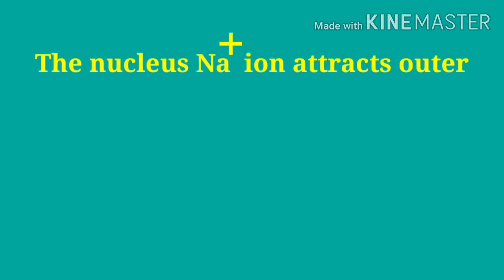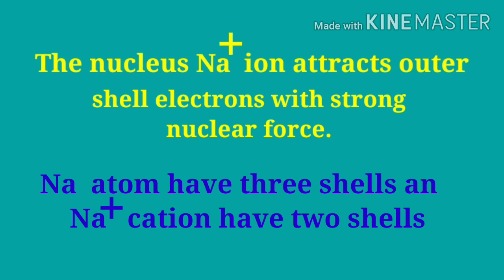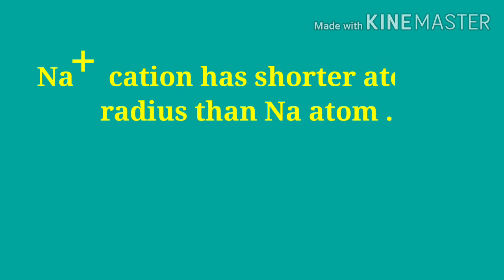The nucleus of sodium cation attracts outer shell electrons with strong nuclear force. Sodium atom has 3 shells and sodium cation has 2 shells. Sodium cation has a shorter atomic radius than sodium atom.